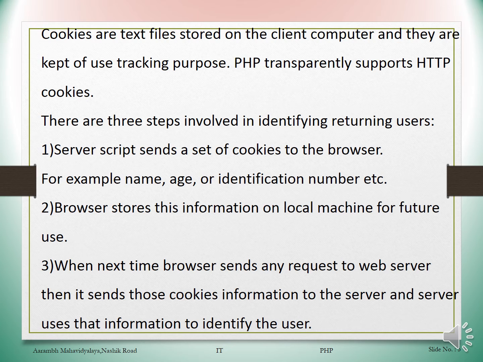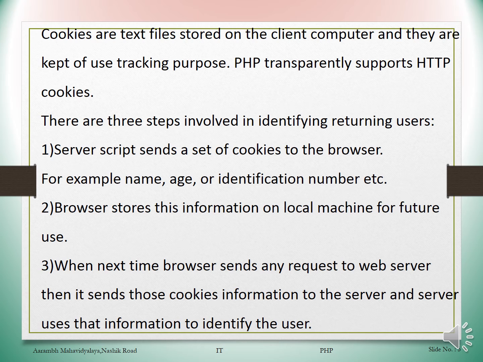Then second step, the browser stores this information on the local machine for future use. And at the last stage, the next time the browser sends any request to the web server, it sends those cookies information to the server and the server uses that information to identify the user. This is the working of cookies. In short, cookies are nothing but temporary variables which get generated when we open any website.